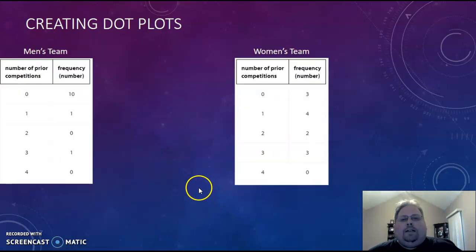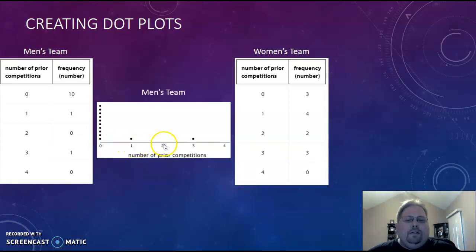Now we're going to create dot plots from this information on the frequency table. So a dot plot kind of looks like a number line, and you have the numbers on the bottom, and then above the number line, you're going to put dots for each time that number was chosen or given.